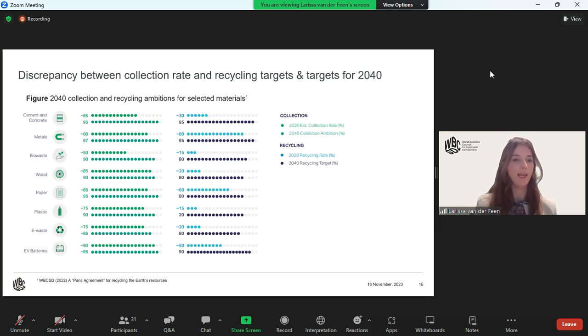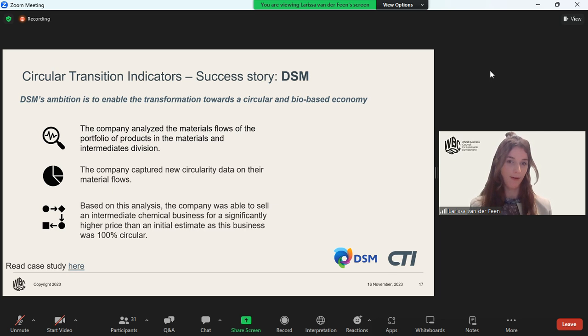This is a case study of a company, DSM. It's a chemical company that has used this methodology that I just explained to you. And what they did, it's not even rocket science, but still not that easy. The company analyzed all the material flows coming in and out of a particular materials and intermediates division.